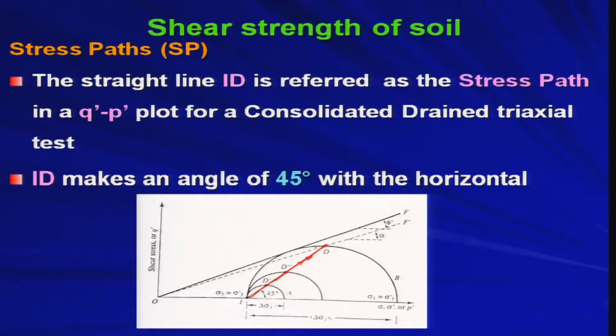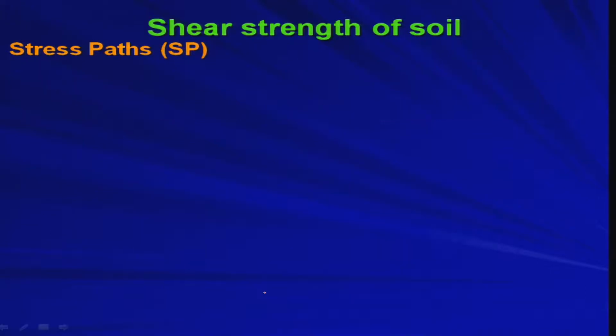Now, ID makes an angle of 45 degrees with the horizontal, because this is also radius, this is also radius, so this angle is 45 degrees. So, ID is a straight line and it will make an angle of 45 degrees with the horizontal.